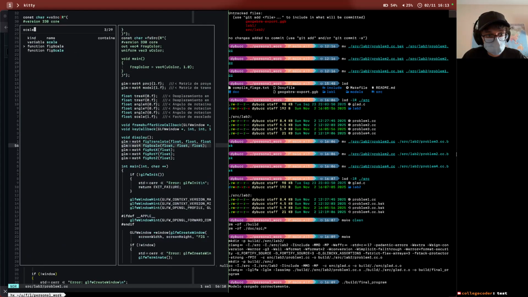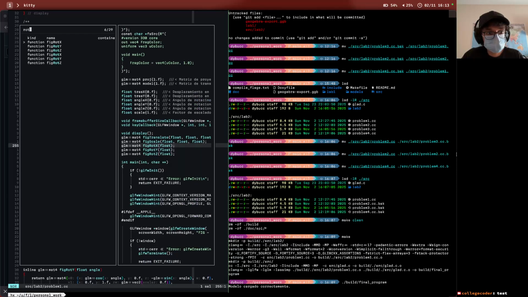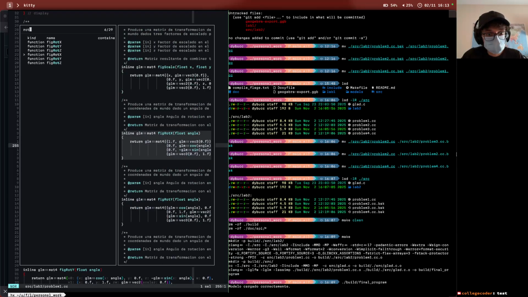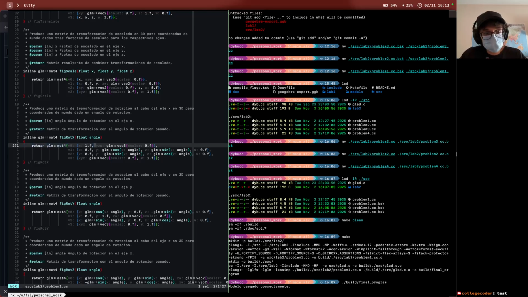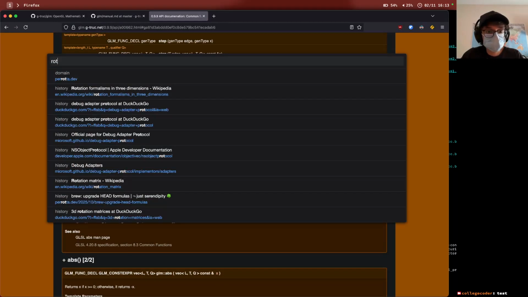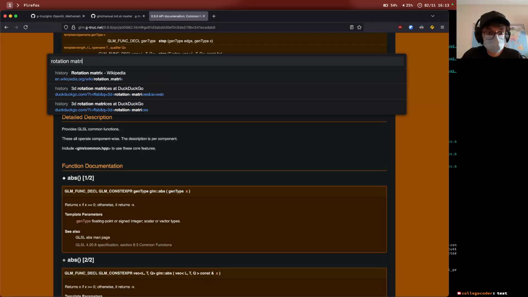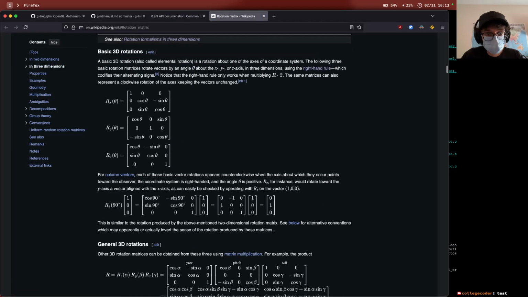When computing the scaling, no, rotation on X, we're taking... let me check out the documentation. Rather, let me check out the rotation matrix in 3D.